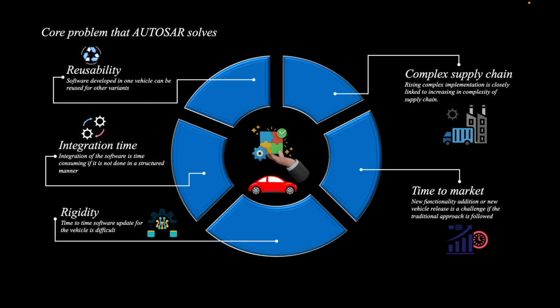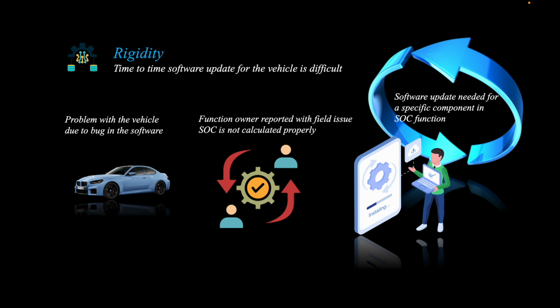Next is the rigidity of the software. Rigidity of the software is somehow similar to restricting the software from updates. But time to time, a software update is always needed. Suppose you are driving a vehicle and you found an issue in the SOC module.